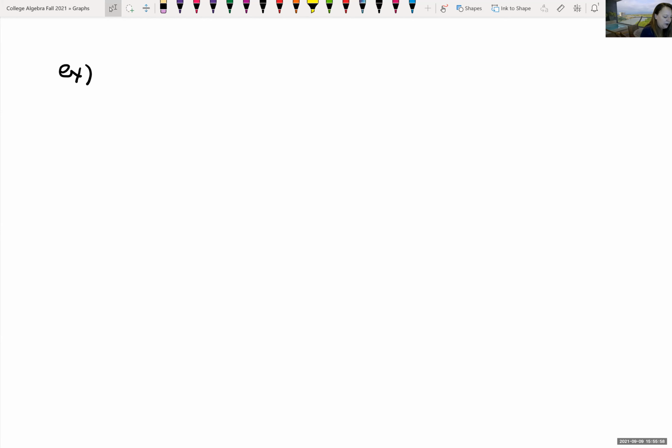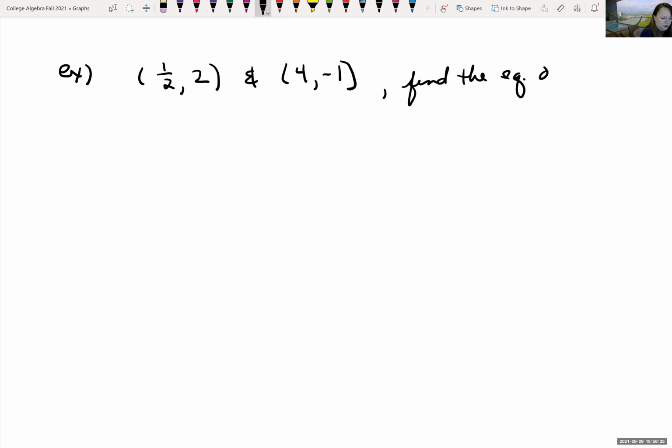And so let's find the equation of a line. Let's make it a little harder with some fractions in there maybe. So (1/2, 2) and (4, -1). So let's find the equation of the line.